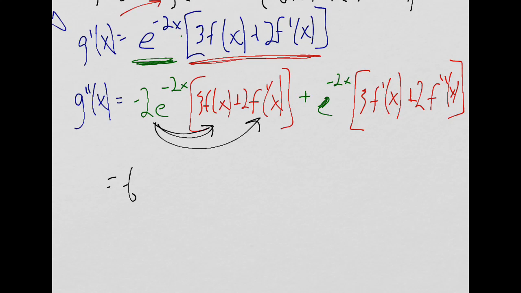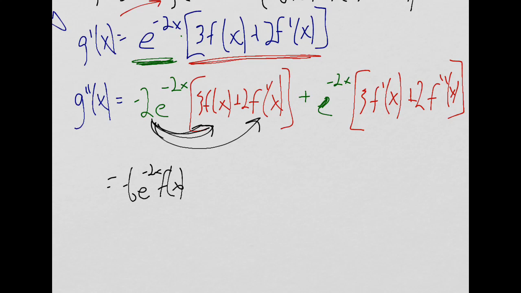Actually, you know how I'm going to do this? I'll go ahead and do it this way because I think it is the most natural way to do it. You could pull your e to the negative 2x's out and make this easier, but I get this product is minus 6e to the negative 2x times f of x.